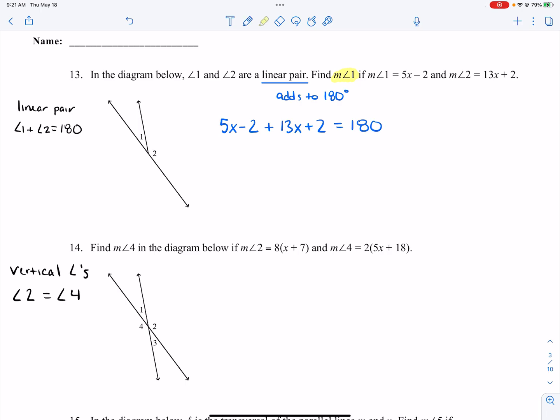I'm going to combine my like terms. So my like terms would be the 5x and 13x. So remember, combine means to do as shows, meaning if there's a plus sign, do a plus. Don't do the opposite because we're not crossing the equal sign yet.